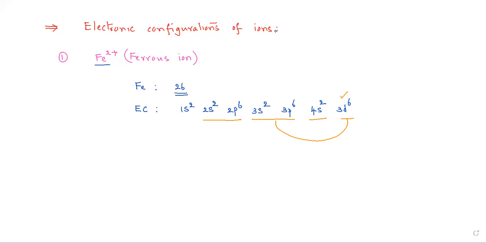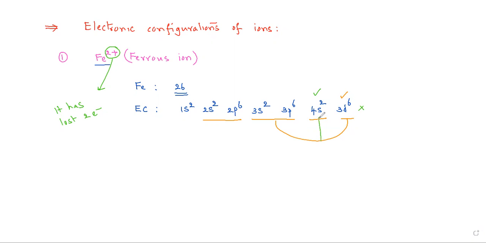Remember, while removing electrons, see what this plus 2 refers to. Plus 2 refers to the fact that it has lost 2 electrons, right? From where has iron lost its 2 electrons? Remember, it is not from 3d, but from 4s, the valence shell.